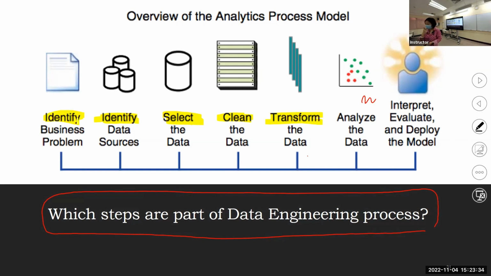Okay, actually, it's everything, even from the first step. Because if you cannot understand and identify the problem, you will not know which data sources, which data subset, which part of the data you should make available for your company, right? So a data engineer cannot just focus on the technical part. Data engineers also need to understand business problems, so they understand the goals of the business and, of course, what data could help the business to achieve the goal, right? Now we are in the data-driven economy, with data-driven decisions.